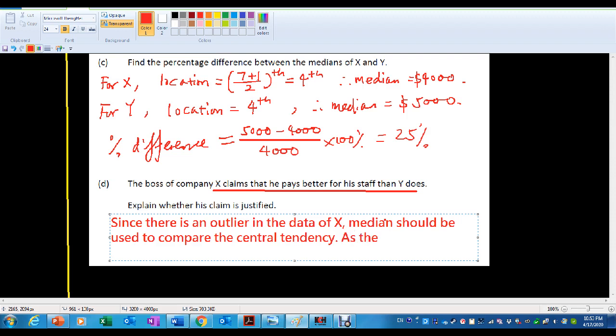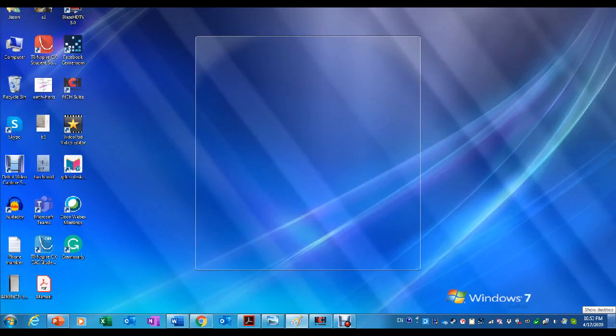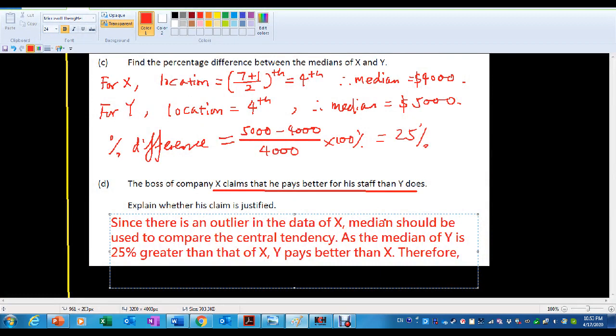As the median of Y is 25% greater than that of X, Y pays better than X. Therefore, the claim from the boss of X is wrong.